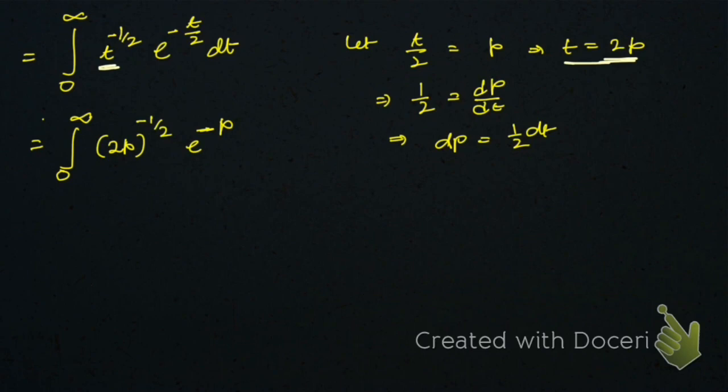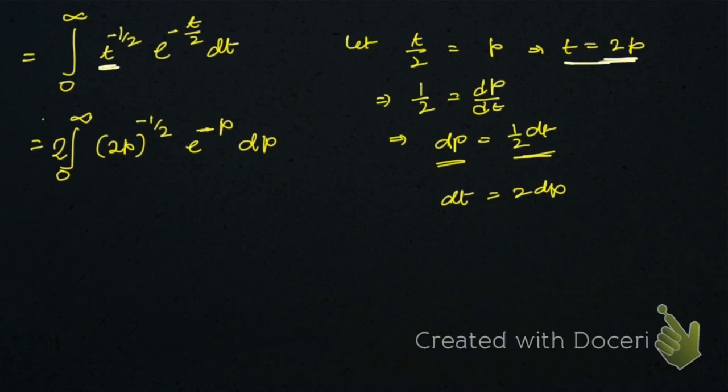Then dt will be replaced by, if you bring this 2 here, 2 dp. So here we will get dp and 2 is written outside. Okay, so hope you have understood this.